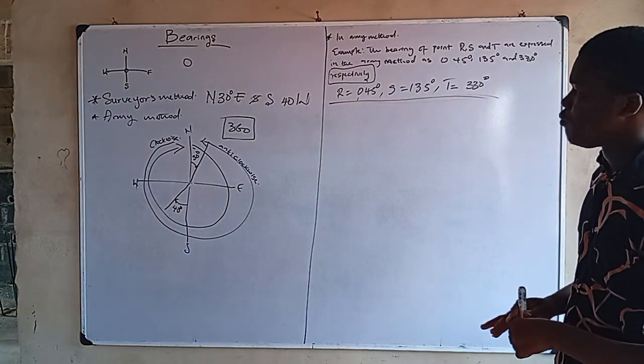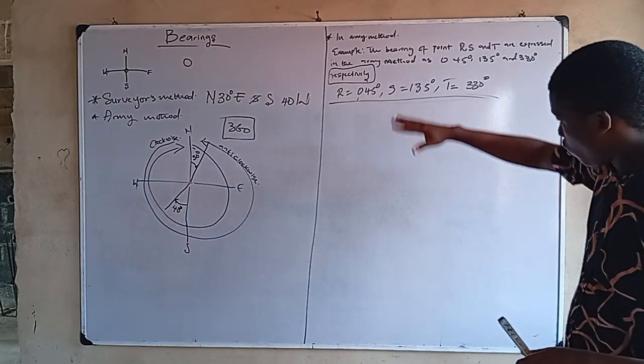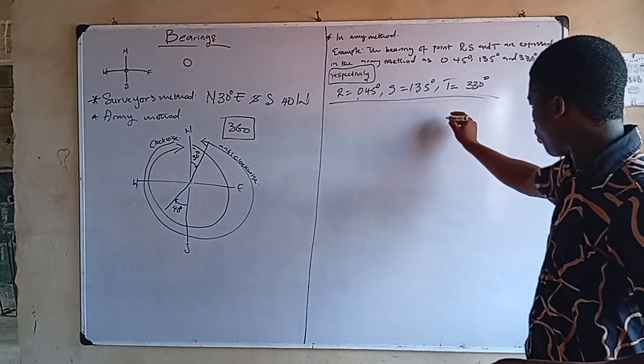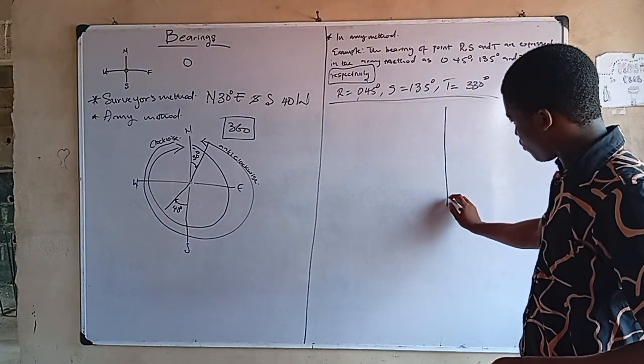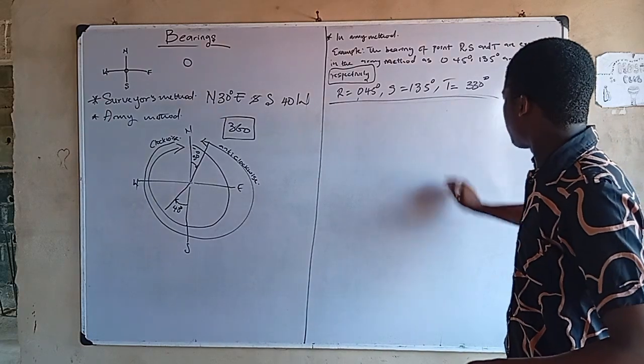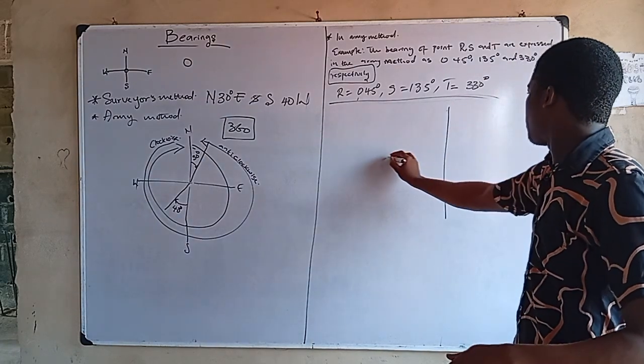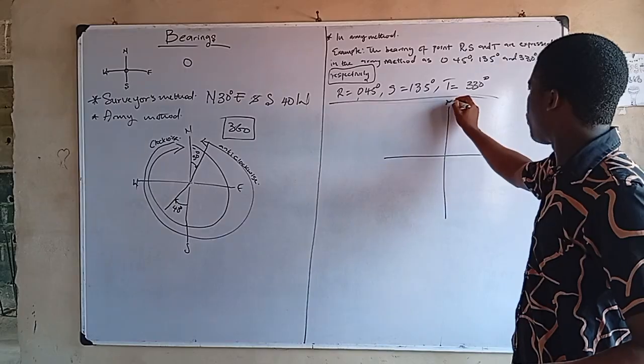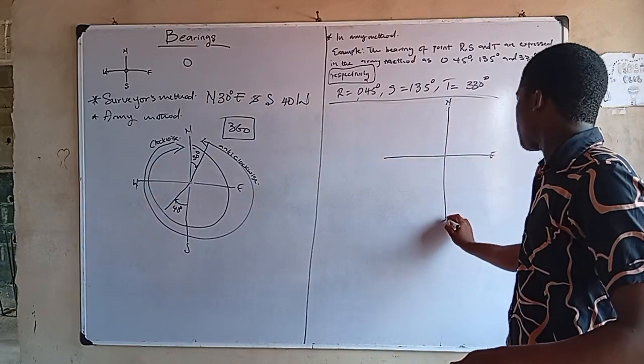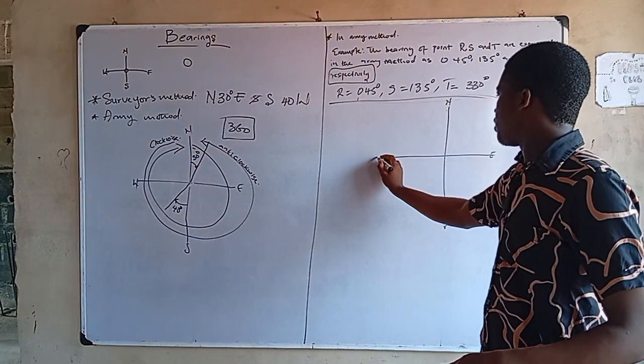Now, how do we indicate all these things in bearing? You draw your straight line. We already know our cardinal points: north, east, south, and west.